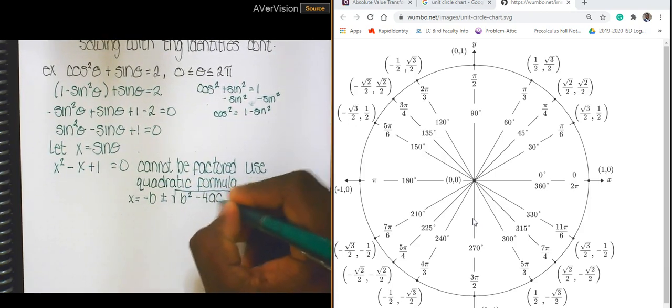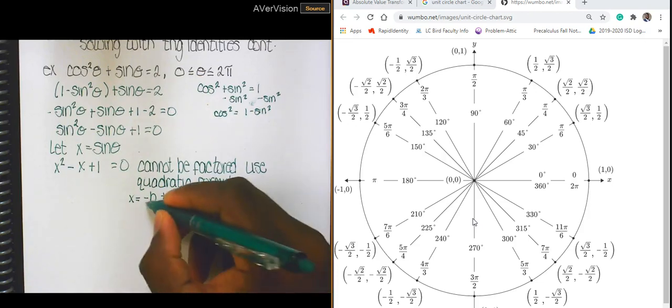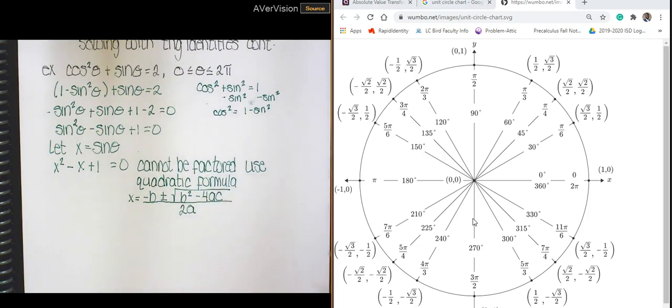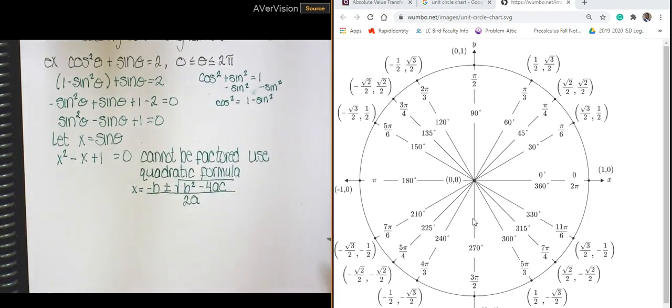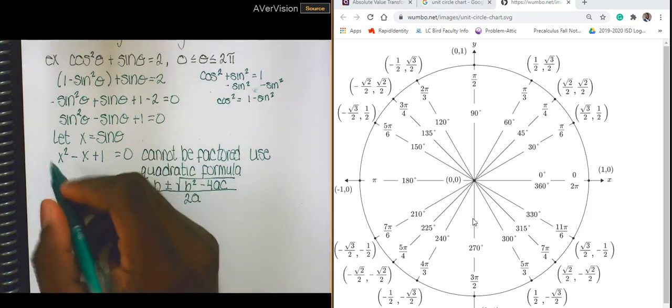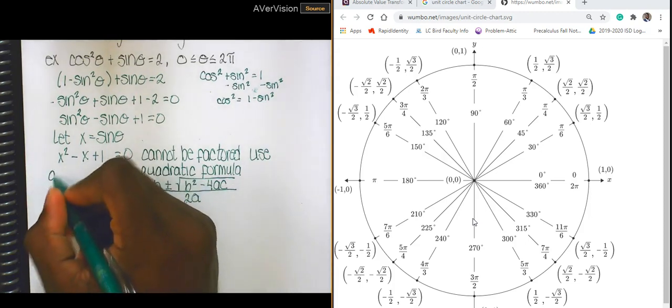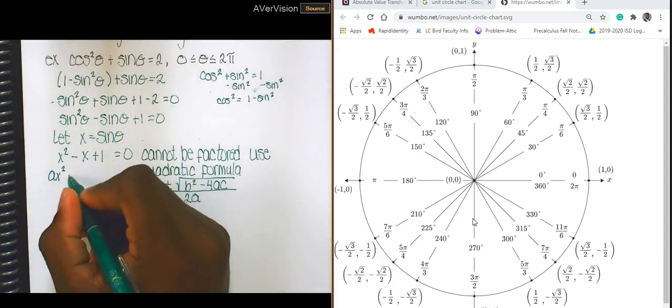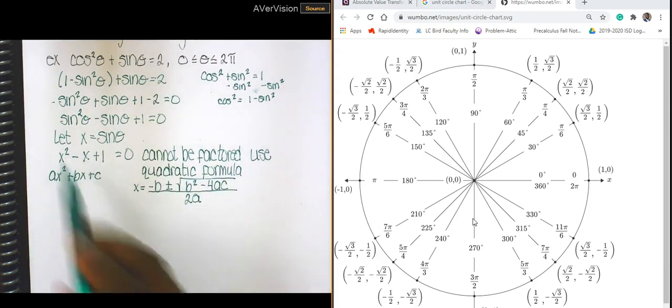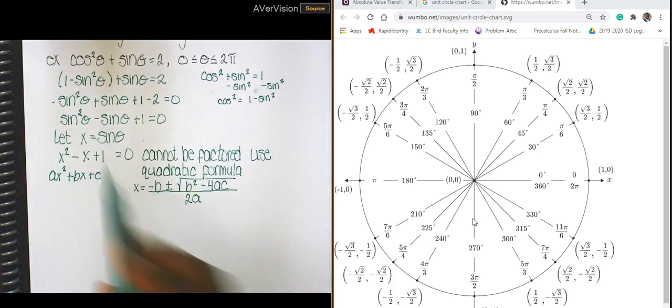Almost. Yeah, so ax squared plus bx plus c. That means a is 1, b is negative 1, and c is 1.